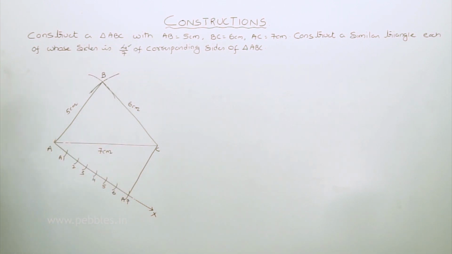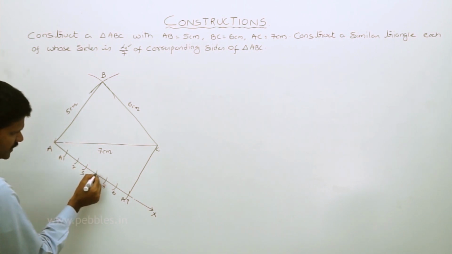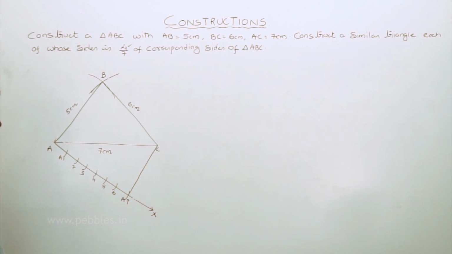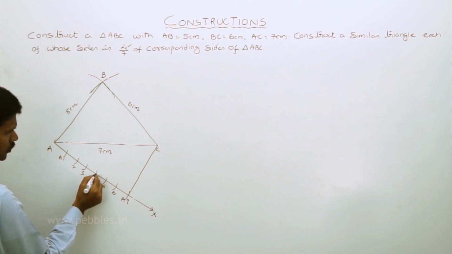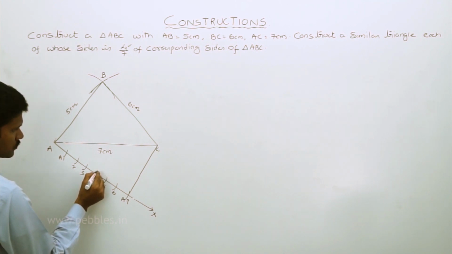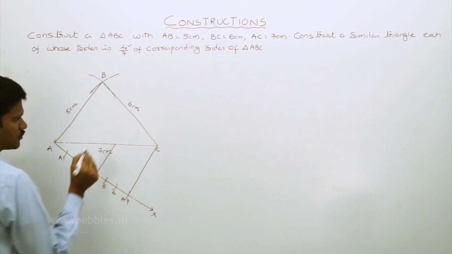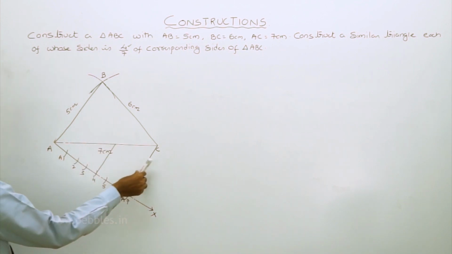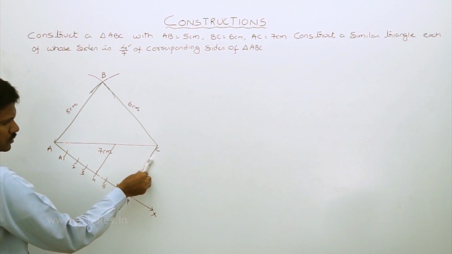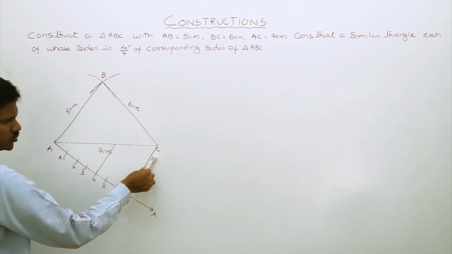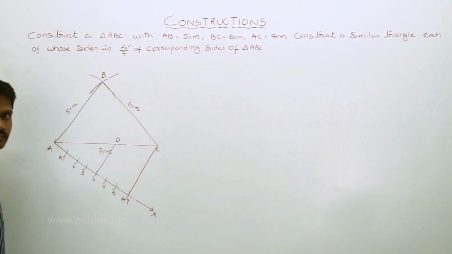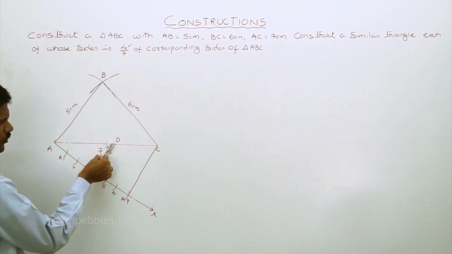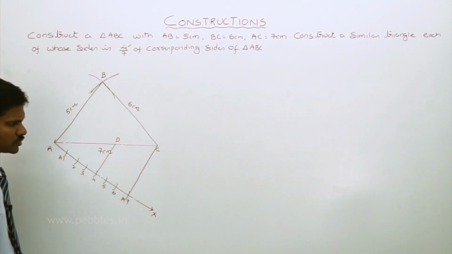Numerator is 4. 1, 2, 3, 4. At this point, you have to draw a parallel line A4D. Now A4D is parallel to A7C.